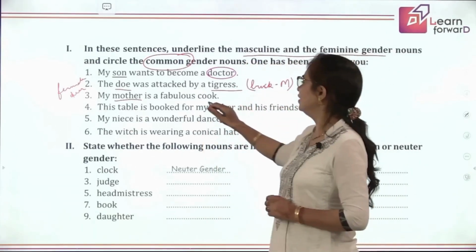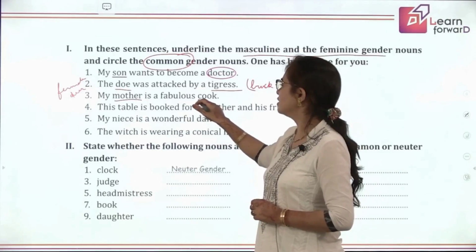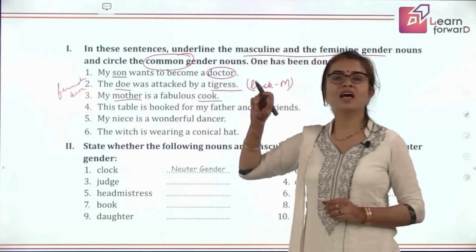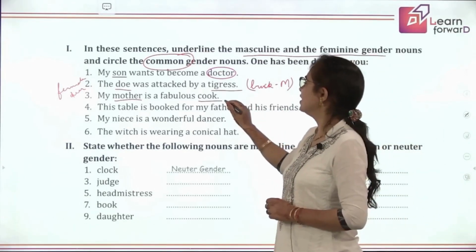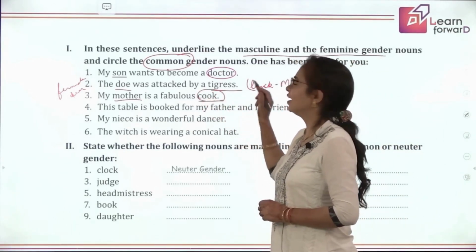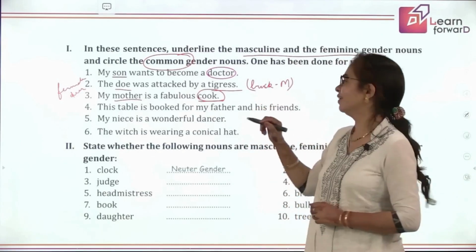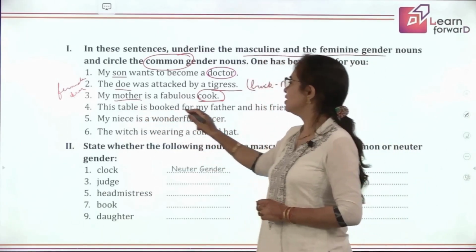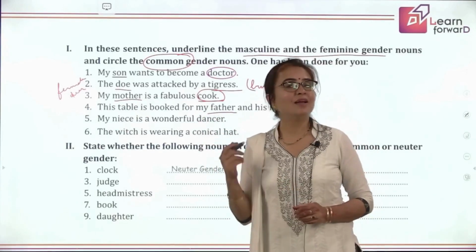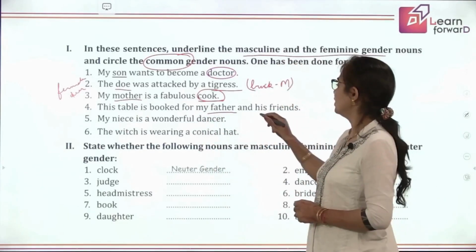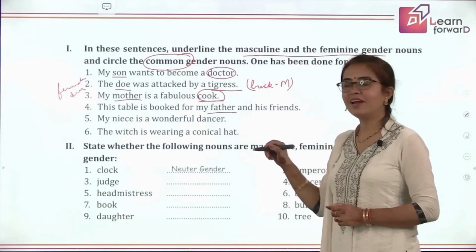And even in restaurants and hotels, you get cooks who are males, right? So this is common gender. We are going to circle it, not underline. This table is booked for my, yes, that is masculine gender, and his friends.